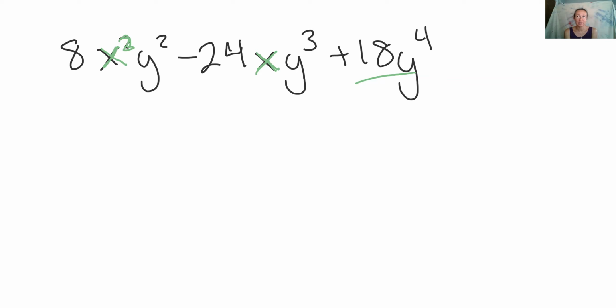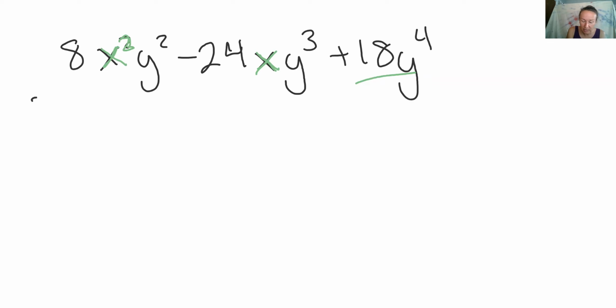All of these terms have even coefficients, so we've got a 2 that we can factor off, and then all of these have 2 factors of y that we can also pull off, and that'll just help bring the exponents on those y's down and make them look a little cleaner.